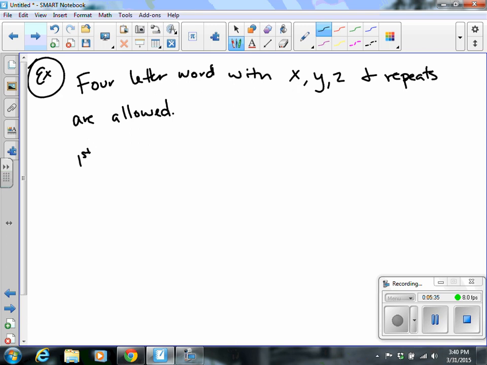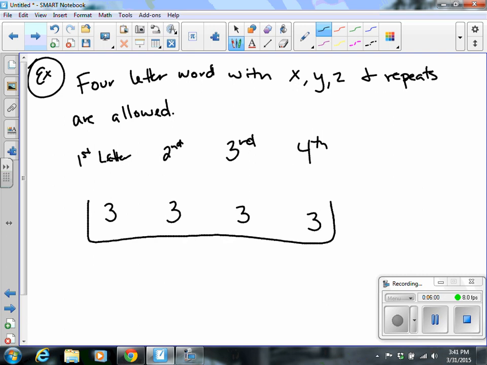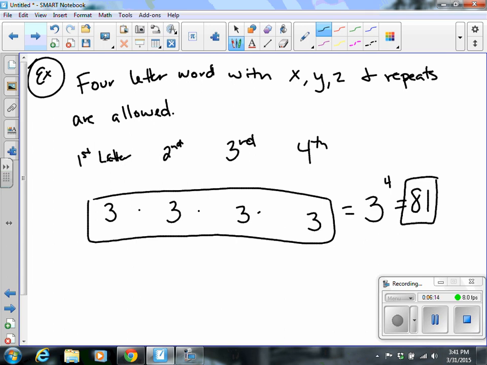So for the first letter, I have 3 ways. X, Y, or Z. It's my only options. Second letter, I have 3 ways. Third letter, I have 3 ways. Fourth letter, I have 3 ways again because they can repeat. So what that means is I'm going to multiply all of these numbers. This is the same thing as 3 to the 4th, or you can multiply it out, that's fine, which tells me that there are 81 ways.